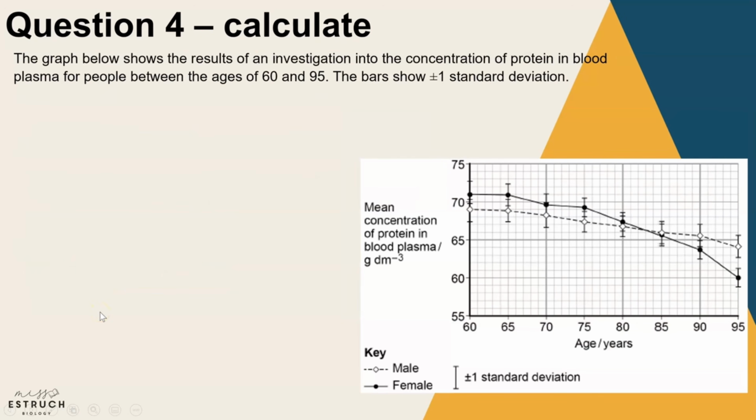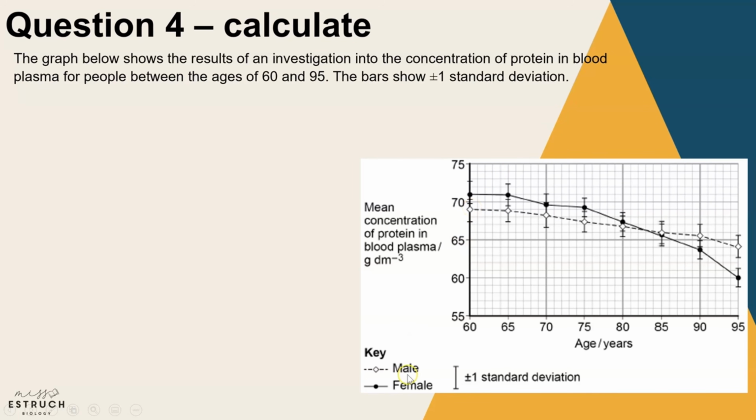Question 4, we've got another calculate. So you can see that you do get lots of calculate questions linked to graphs. The graph below shows the results of an investigation into the concentration of protein in blood plasma for people between the ages of 60 and 95. And the bars show 1 times the standard deviation above and below the mean.